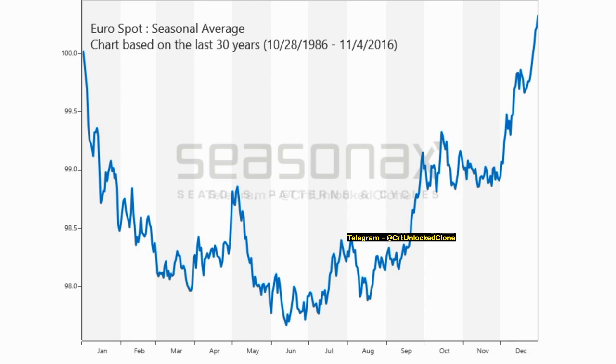It means that this seasonality chart is showing you the summary of what Euro USD has done on average each year throughout each month over the last 30 years, and it has collected that data and summarized it into this single chart, right? It's a summary of all the price action of EU of the last 30 years, and you can see right here that Euro USD, or EU, has followed a certain theme or pattern here, right?